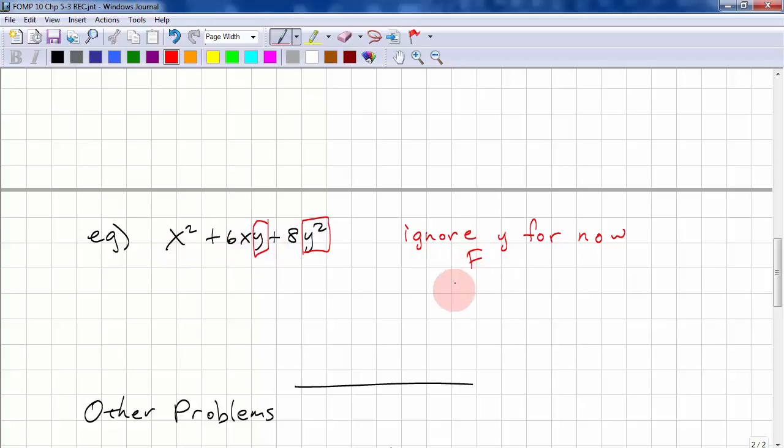And the factors are 8 and 1, and they're both positive, and we get the sum of 9. That's not 6. We did this before, but it's always good to practice again. 4 plus 2, that's 6. So we have x plus 4, and we have x plus 2.